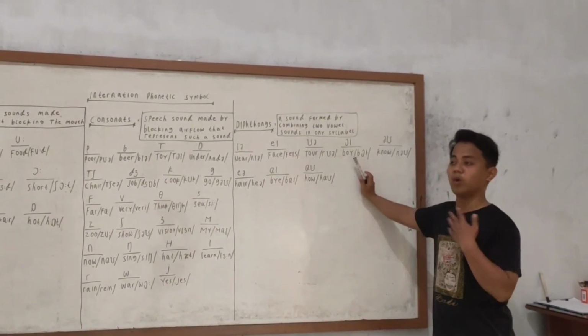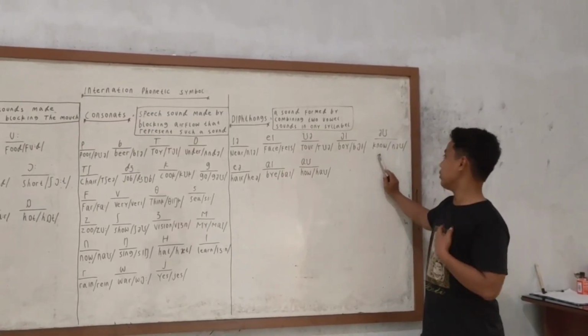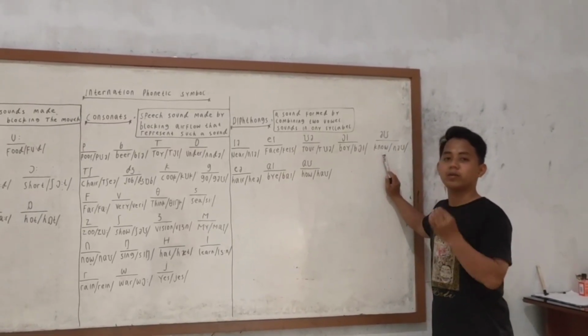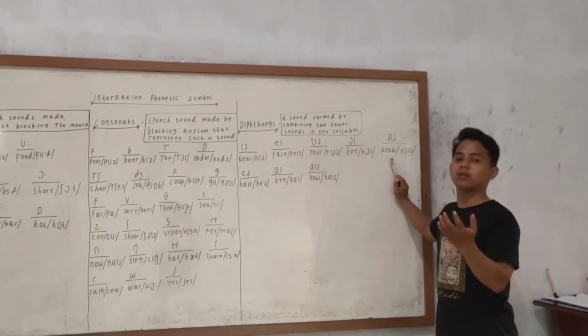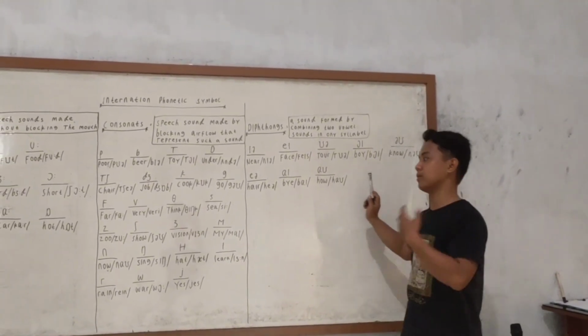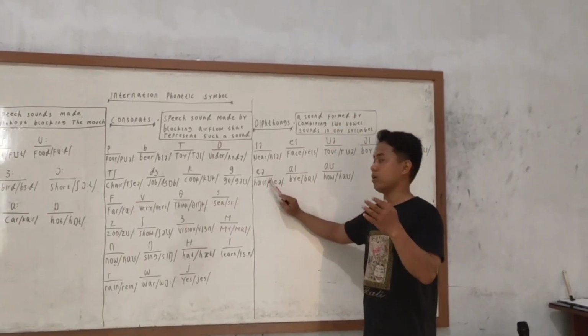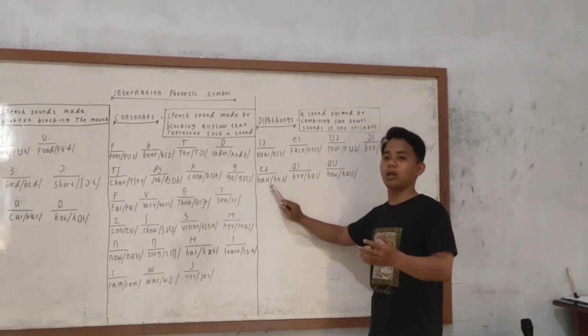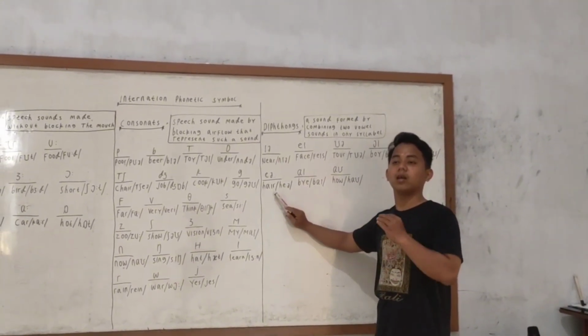Then oh, for example no. It's not "no" but "no". Then this one, like ear, for example hair. In British it's like that, but in American it's "hair".